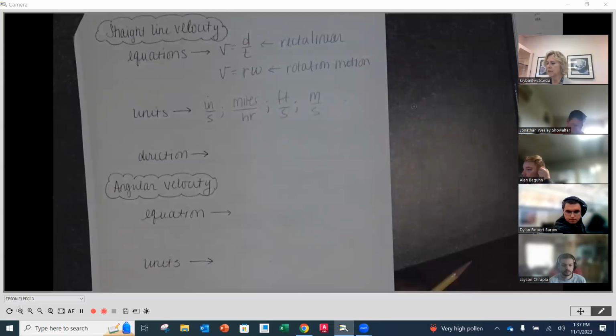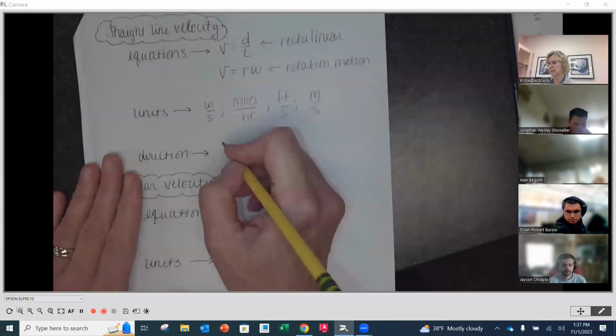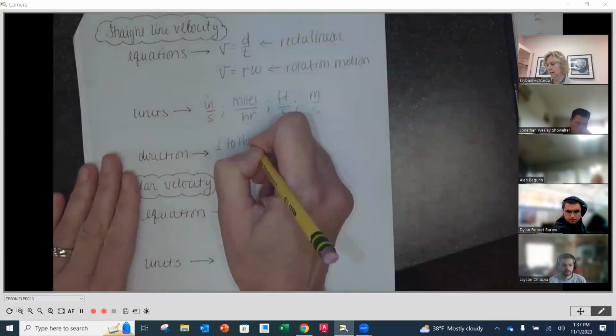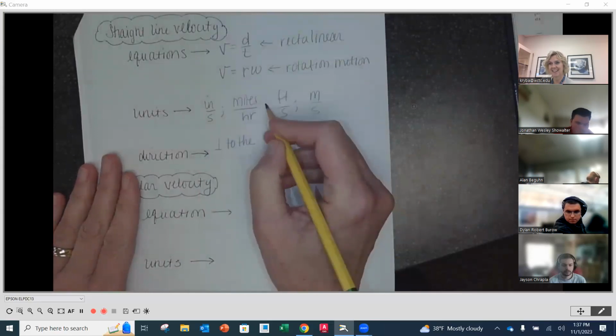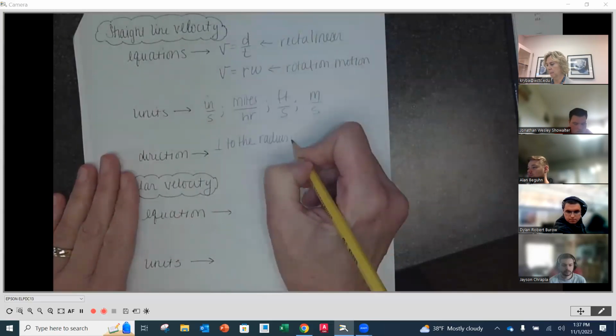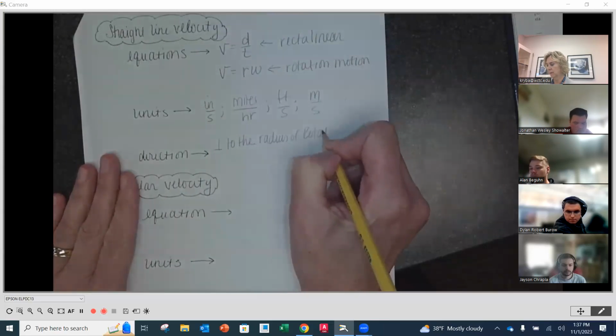Now, and direction, I'm going to say related to rotational motion. How do we know the direction of straight line velocity component of a point that's on a rotating link? It's perpendicular to the radius of rotation.